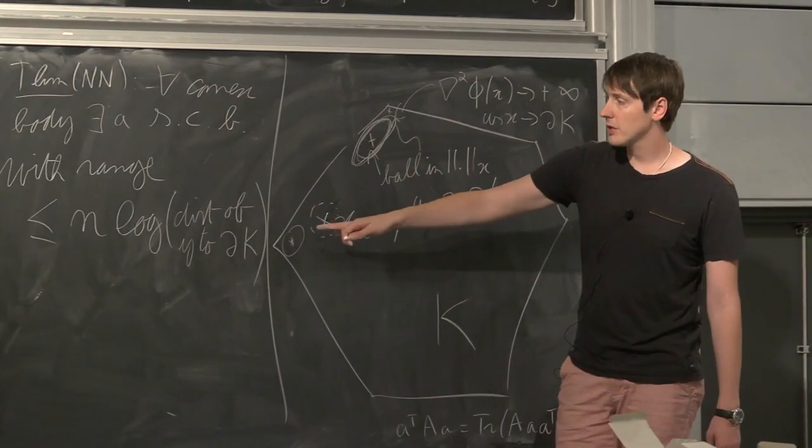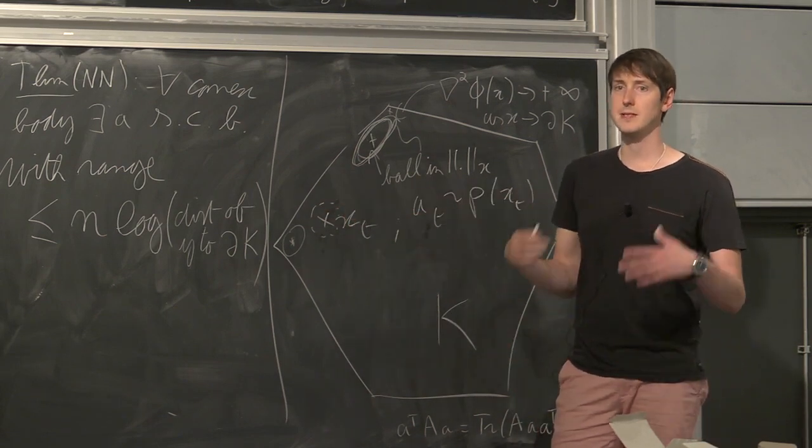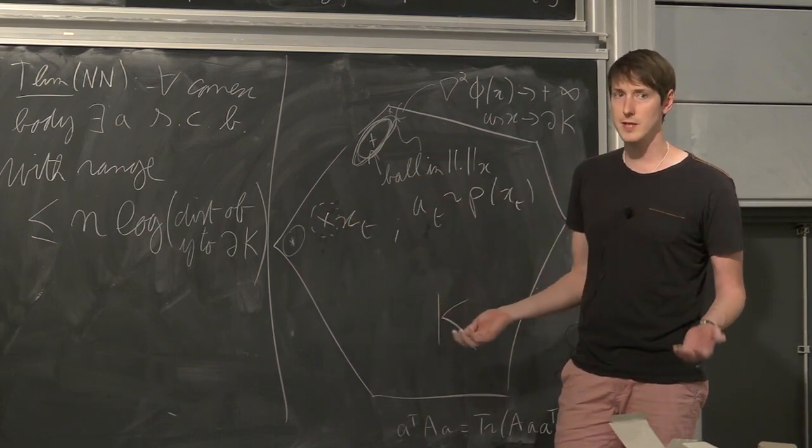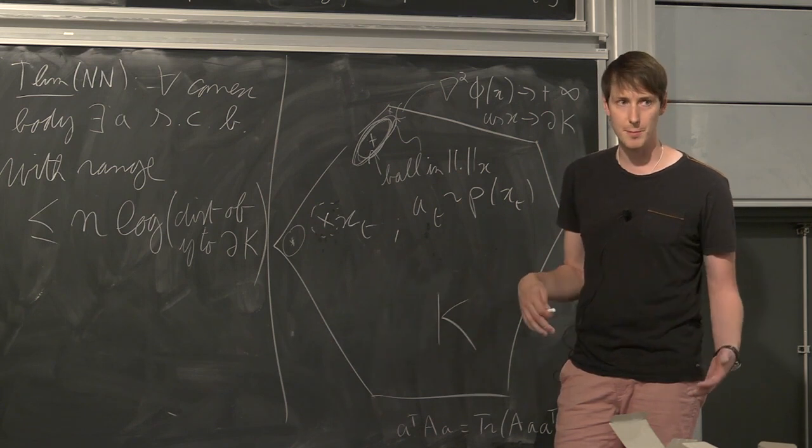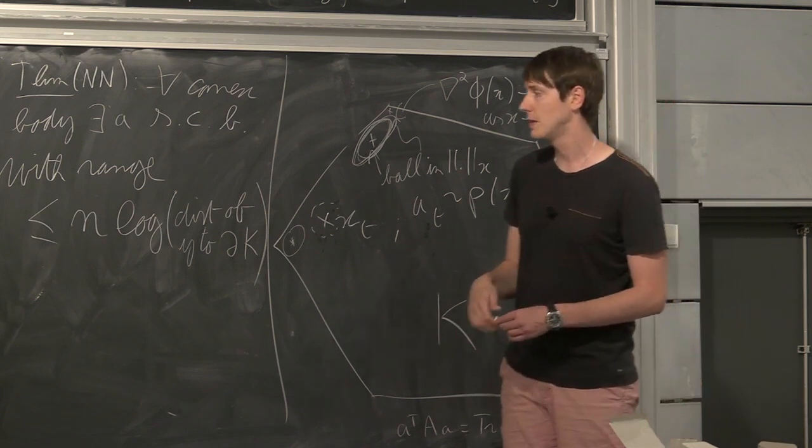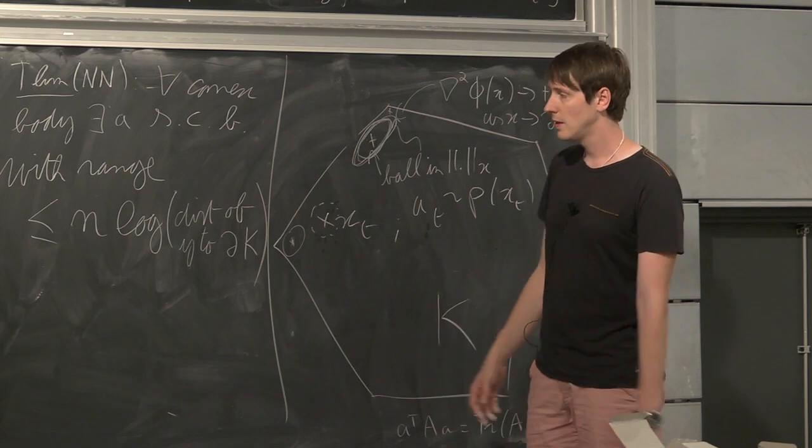And this log of distance of y to the boundary is exactly the same log as what we got yesterday with the log barrier for multi-armed bandit, and we got a log t out of it. This is exactly the same reason.